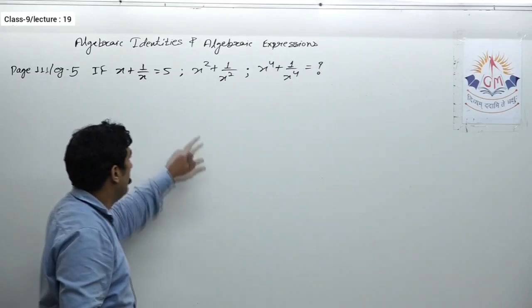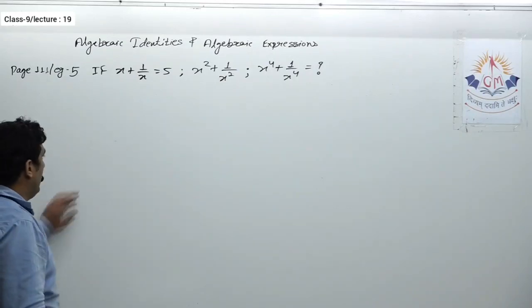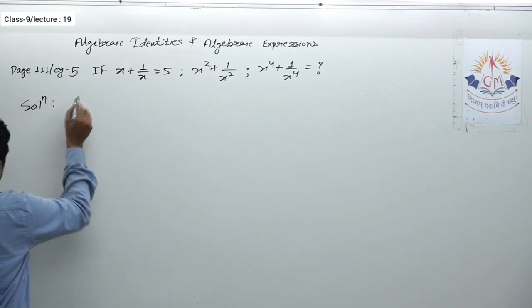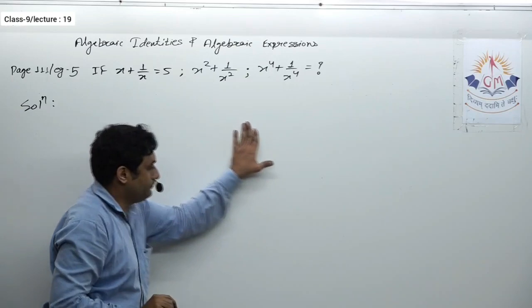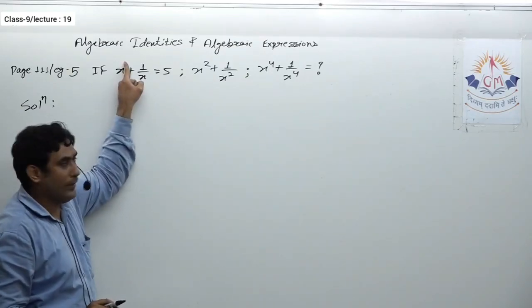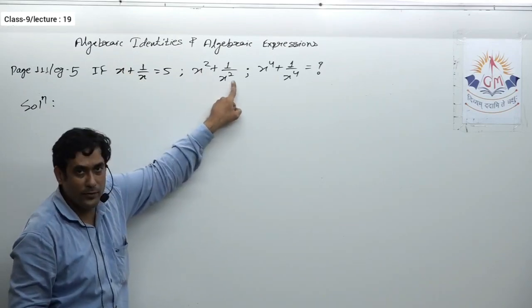x square plus 1 upon x square and x raised to 4 plus 1 upon x raised to 4. So let us see how to solve this. Over here we can understand that here the power of x is 1, here the power of x is 1, here the power of x is 2, here the power of x is 2.